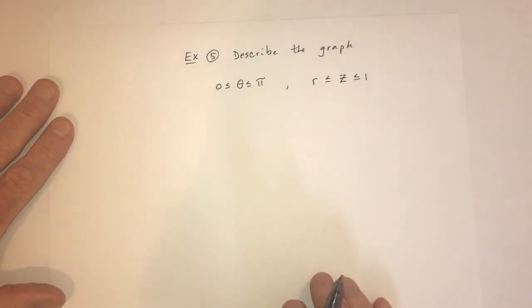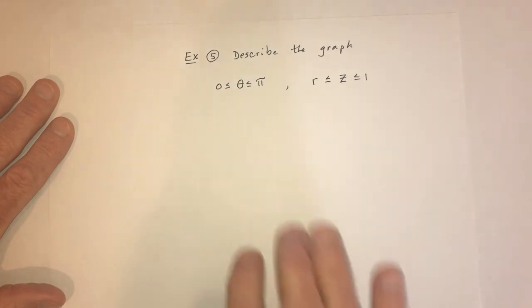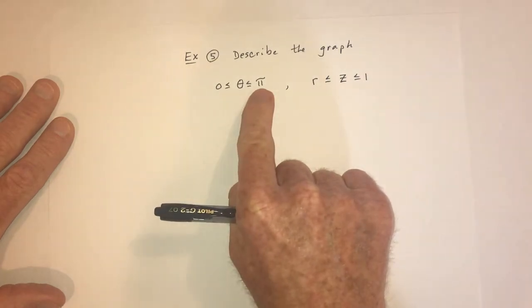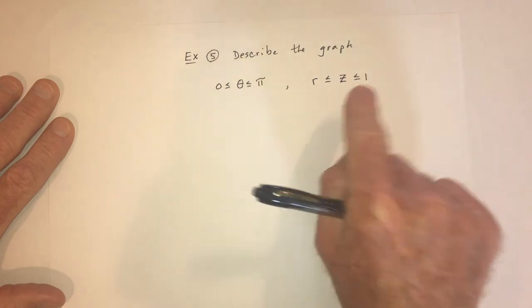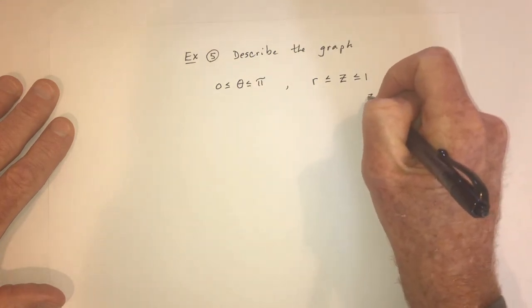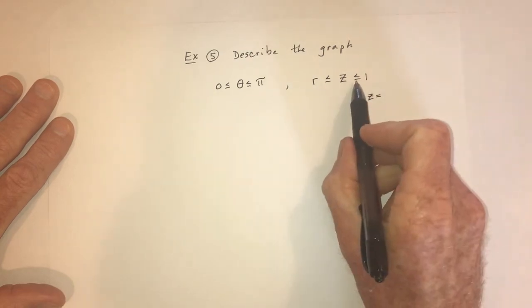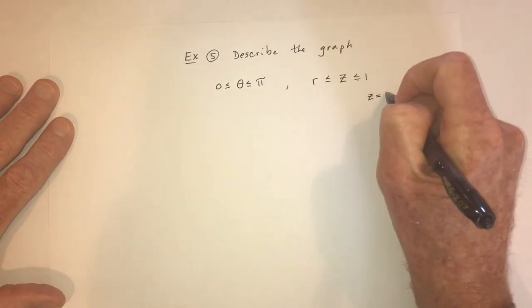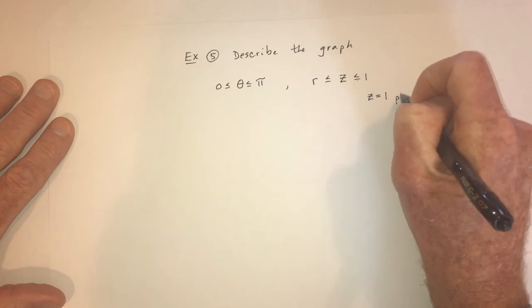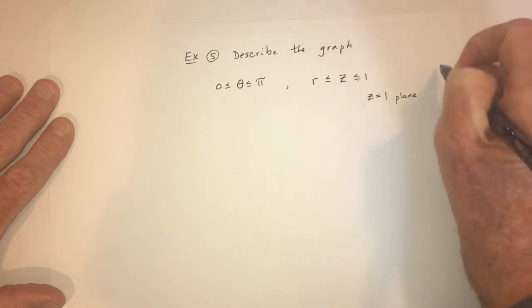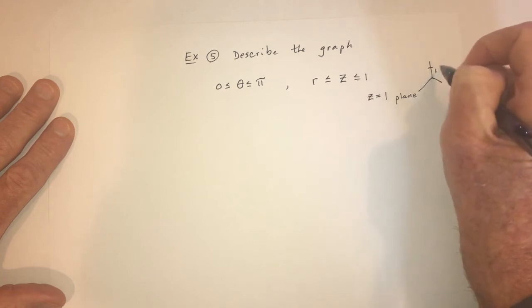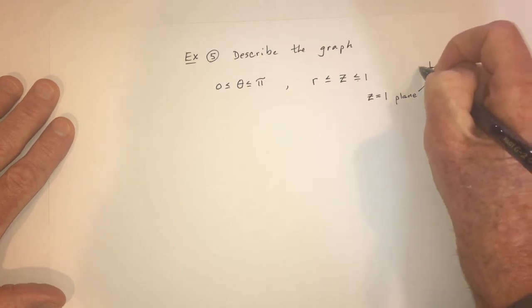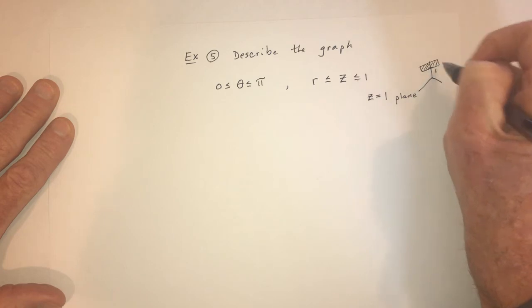And then, what's that? Well, I know that that is half of a circle. But what is this? Well, z equals 1. So on the right side, if you let it equal it, z equals 1, that's just a plane. So that just means go up to where z equals 1 and then put a nice flat plane right there.